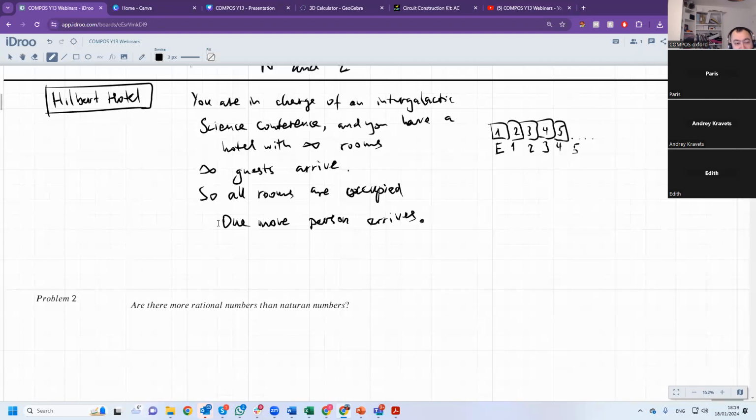Anyway, now everyone's settled. The one person is happy in room 1, but then infinity more people arrive. So B: infinity more people arrive. It's an intergalactic one, so yes. Infinity more guests arrive. What do you do then?